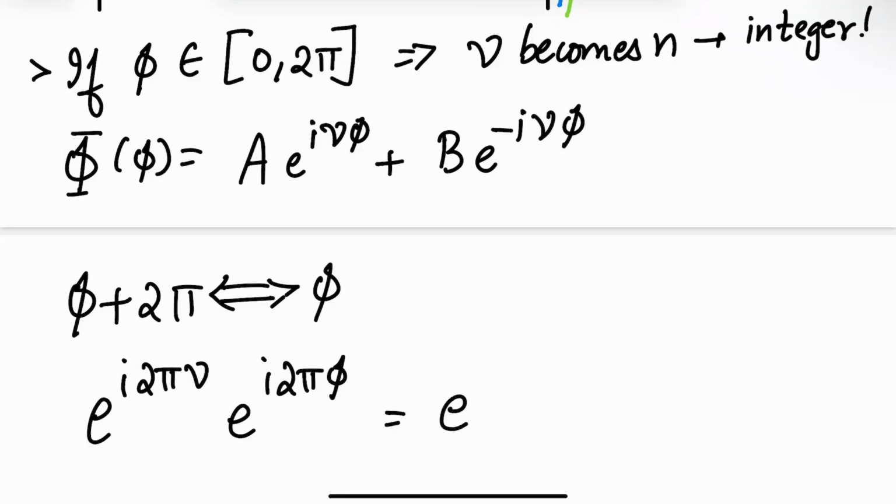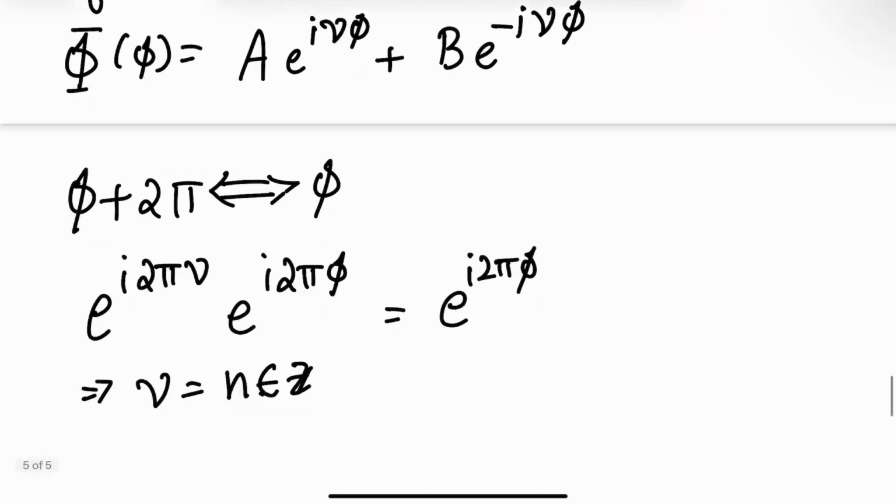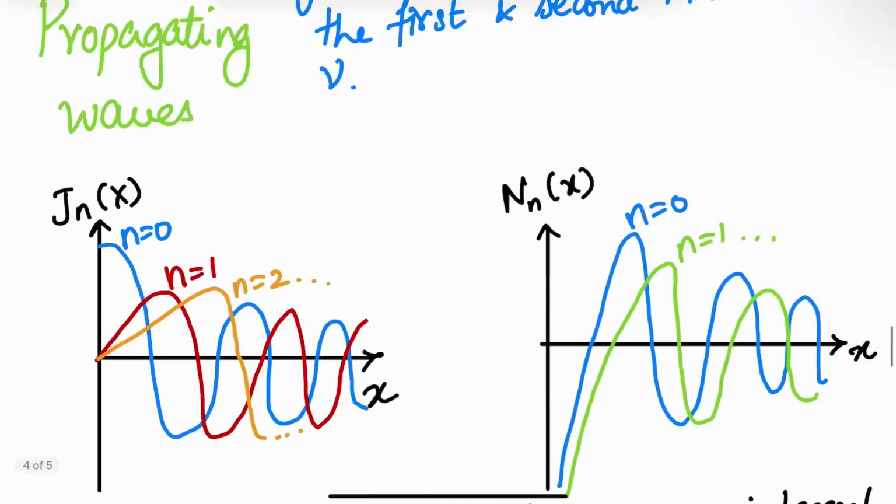But this must be equal to e to the i nu phi, right? Which means this term must be 2 pi n for periodicity, right? Essentially, it just means that nu must be an integer, okay? Implies nu equal to n, some integer. This belongs to integers.